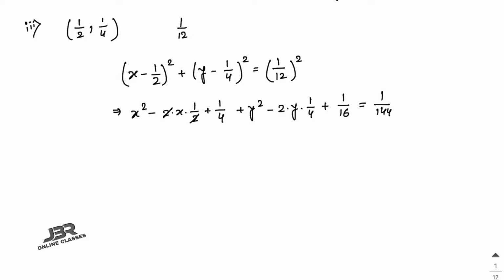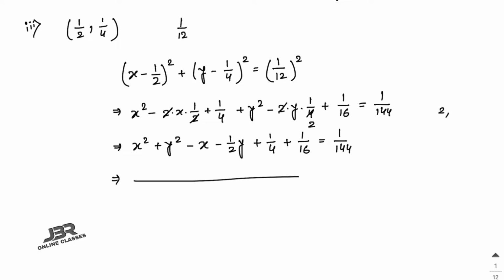2 and 2 cancel out, here it's half. So that means x square plus y square, minus x minus 1/2 y, then plus 1/4 plus 1/16, that one equal to 1/144. Okay, so now do one thing, take the LCM. The LCM will be here of 2, 16 and 4.